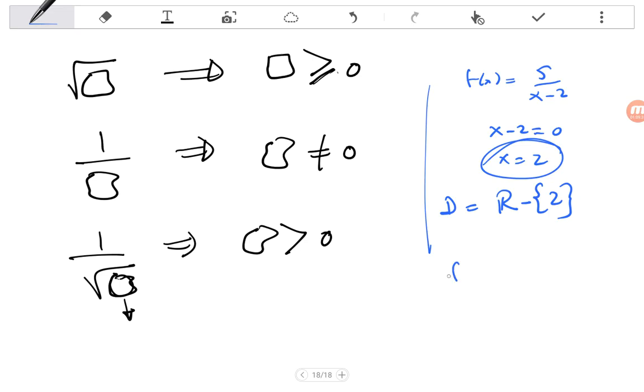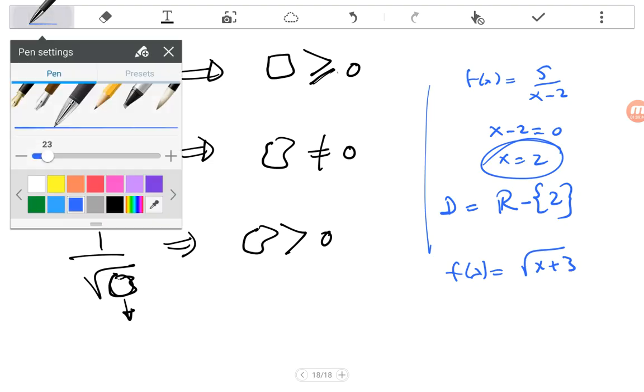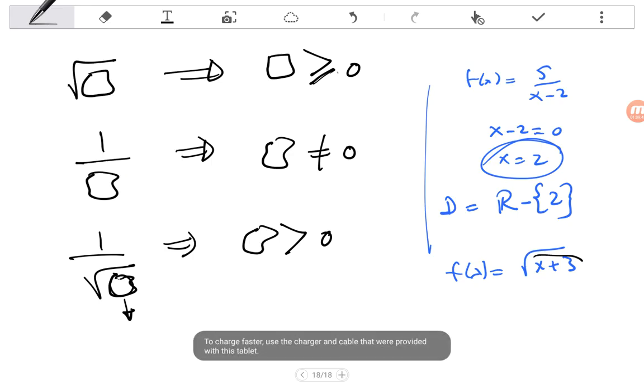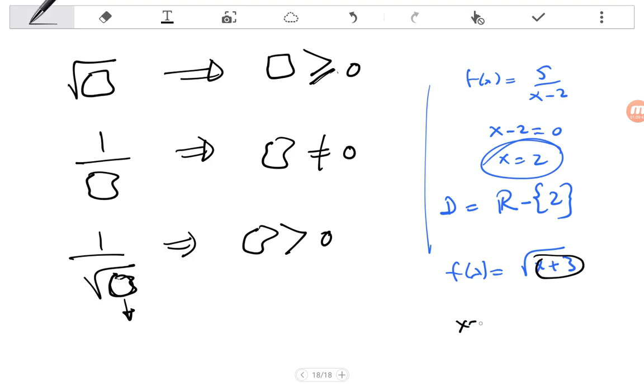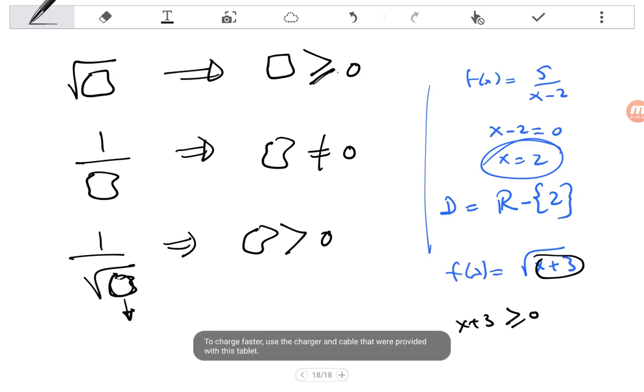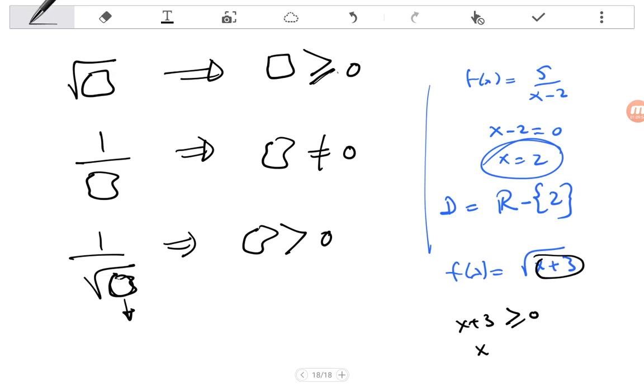If I say f of x is equal to root of x plus 3, what is the domain of this function? We take what is inside the root and put it inside this inequality, x plus 3 greater than or equal to 0. I need to know how to solve an inequality like this.